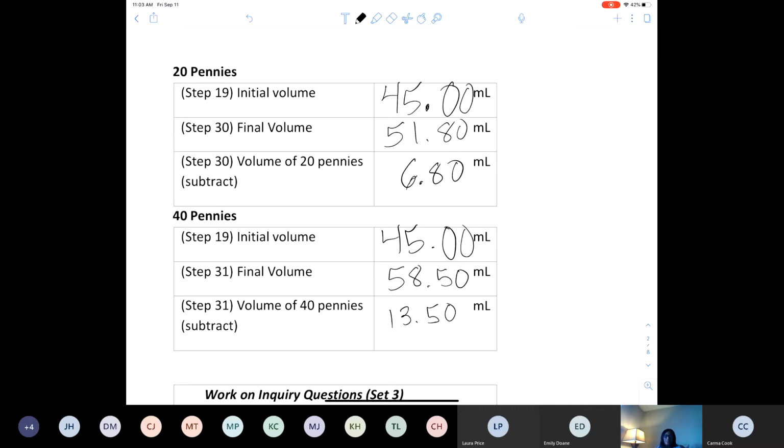And that gives you a difference for the volume of 40 pennies of 13.5.